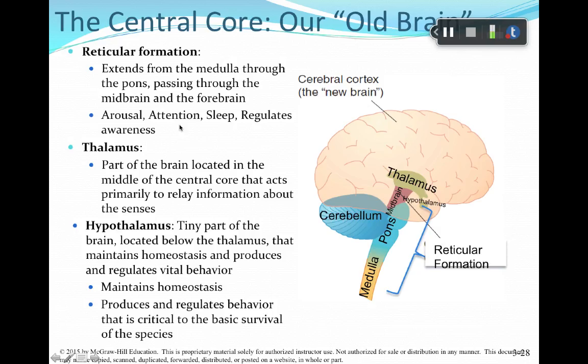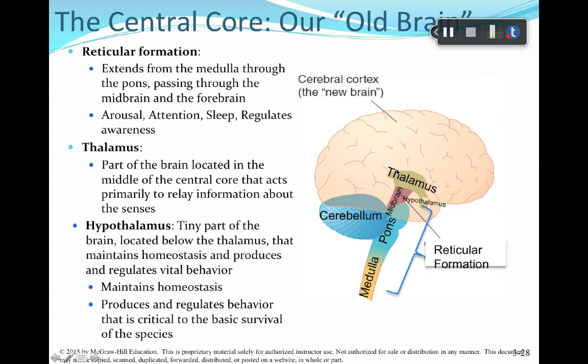And this is just more technical terms here, but I want you to keep noticing the function of each one of these. So the reticular formation is the midbrain, the pons, and the medulla. So that's a general area of the brain. It really controls arousal, attention, sleep, awareness.